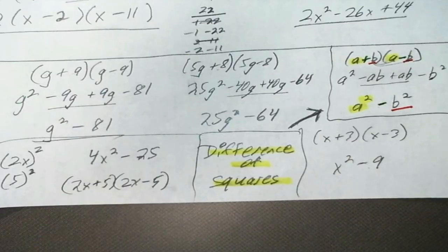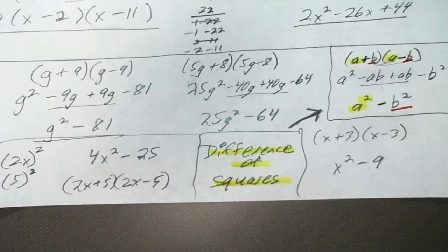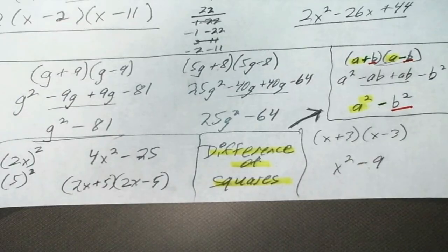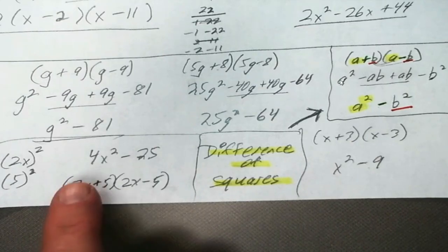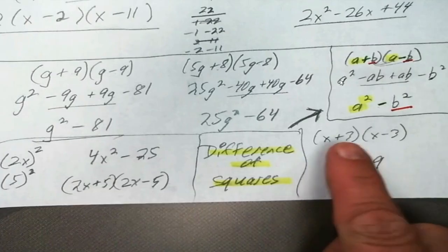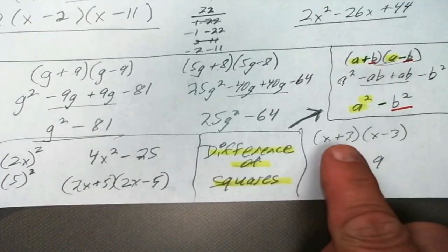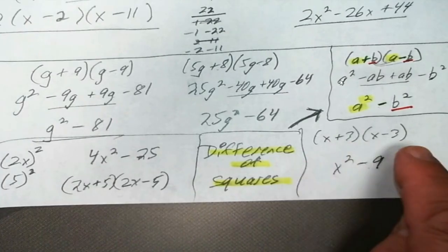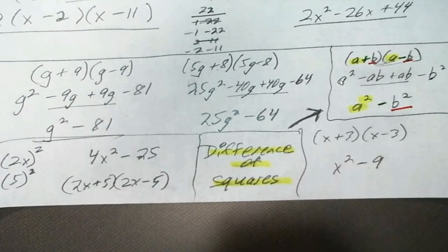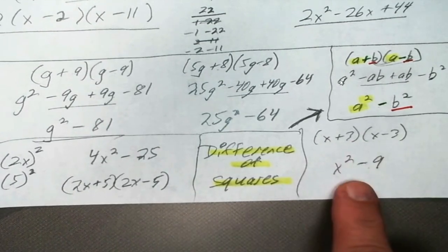And we're going to do an exercise in just a few minutes to see if we can recognize these. Because recognizing that is quicker. I mean, we can still do it the old fashioned way. We can multiply x times x and x times negative 3 and 3 times x and 3 times negative 3 and write all those out and then figure out what we can combine as like terms and cancel out and get to here.